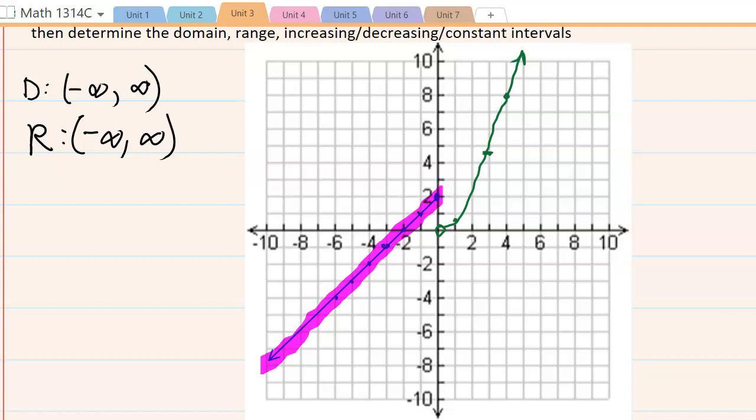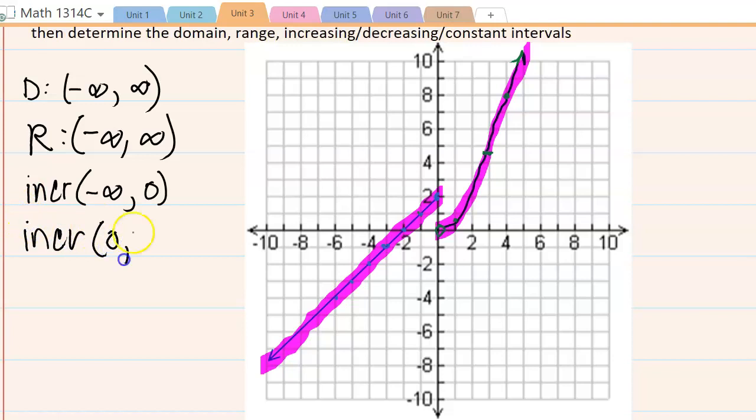So we can say that it has an increasing interval from -infinity, that's the x value, all the way till we get to 0. But we can also see that it jumps to here, and it's constantly increasing here as well. So we would say that it has an increasing interval again from 0 to infinity.